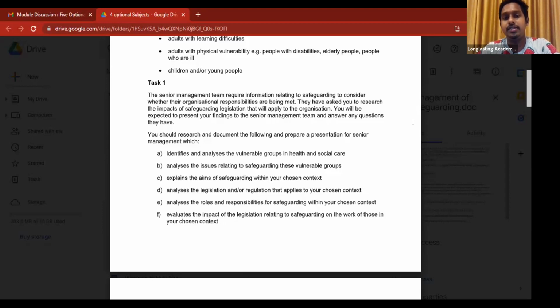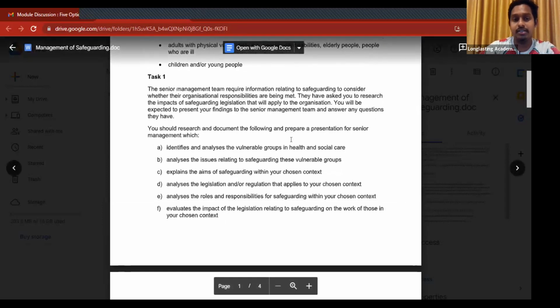You should research and document the following and prepare a presentation for senior management which identifies and analyzes the vulnerable groups in health and social care, analyzes the issues relating to safeguarding these vulnerable groups, explains the aims of safeguarding within your chosen context, analyzes the legislation and or regulation that applies to your chosen context, analyzes the roles and responsibilities of safeguarding within your chosen context, and evaluates the impact of legislation regarding safeguarding on the work of those in your chosen context.